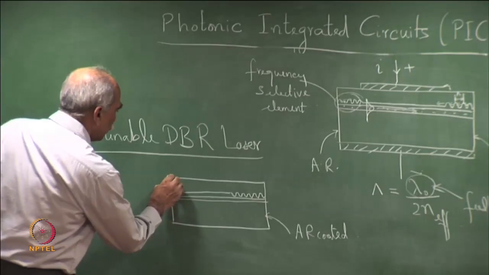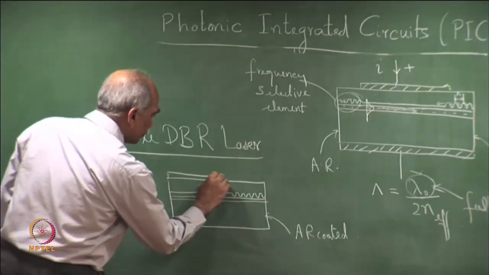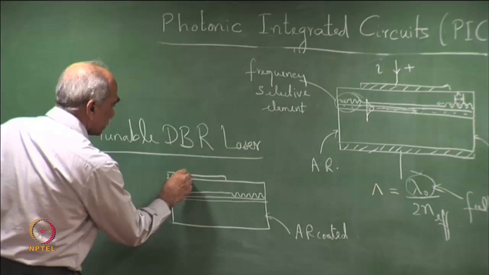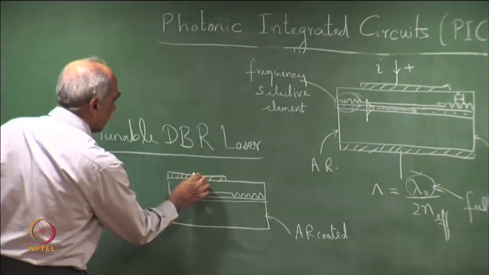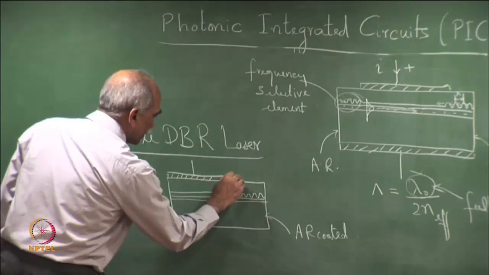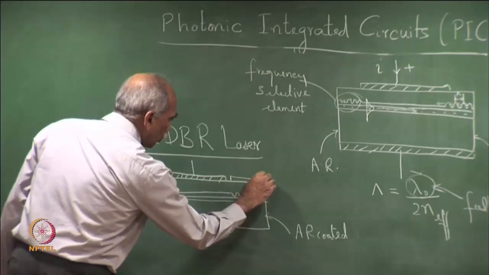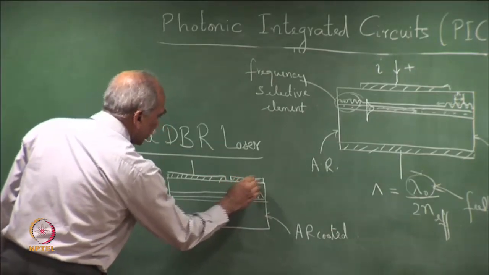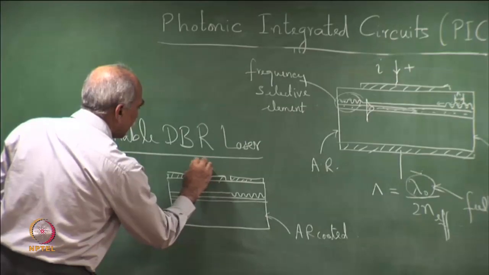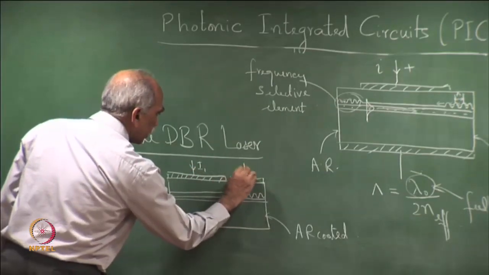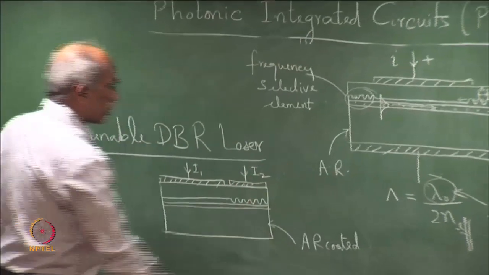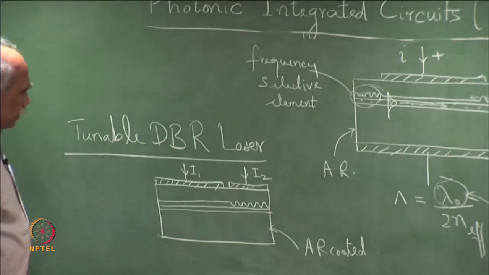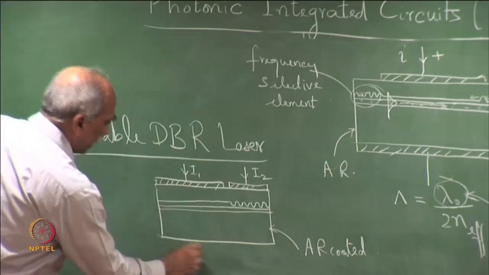This has two separate electrodes now, so the laser is treated as a 2 segment device here. There are 2 electrodes, so there is current I 1 and current I 2.